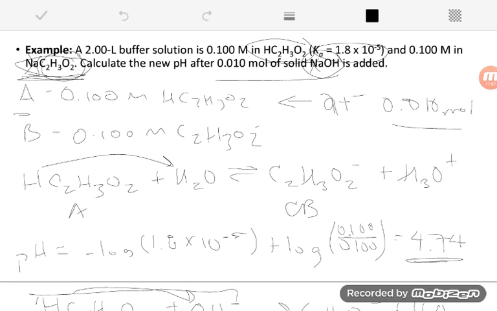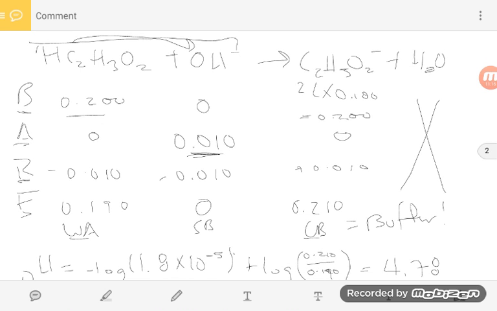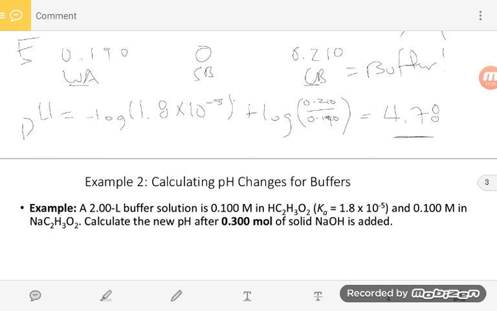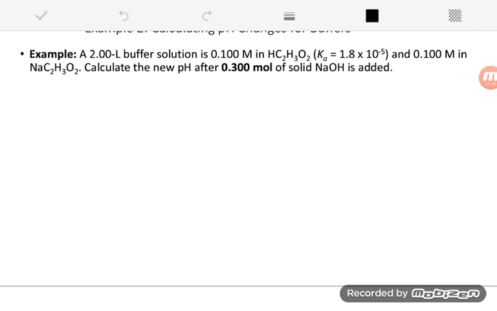I'm still going to react the acid, my acetic acid, with sodium hydroxide, which is what I'm adding. So I can go ahead and I can really start here. Again, just because we already basically did that first part of the problem where we established who my acid and base are. So I'll make a little note just so I can remind myself. This is my acid. This is my conjugate base.